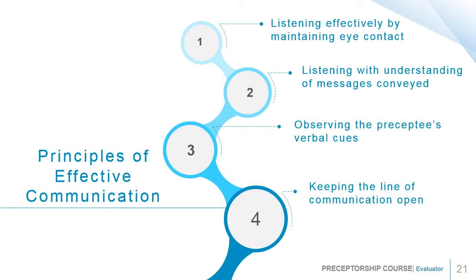The principles of effective communication are as follows. Listening effectively by maintaining eye contact and understanding the messages conveyed. Observing the preceptee's verbal cues. Keeping the line of communication open.